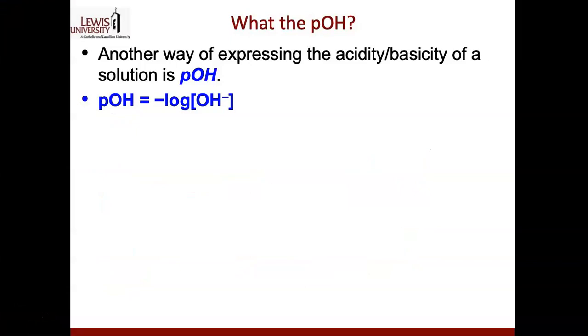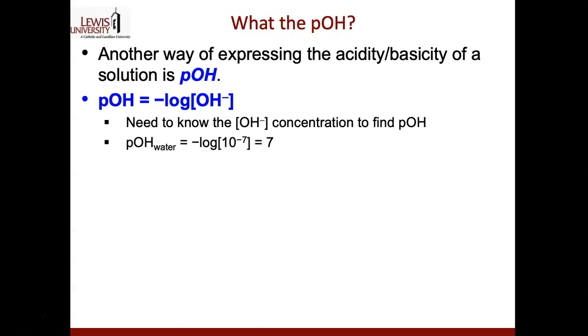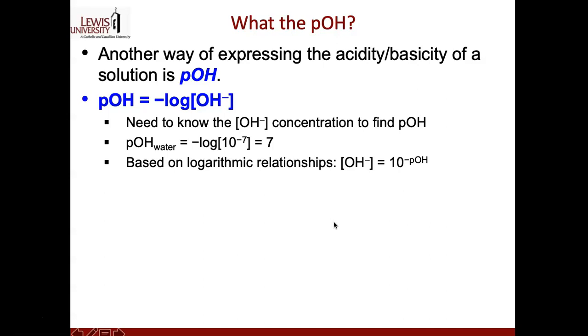All right, so in order to find the concentration of OH, or the pOH of a solution, we need to know the concentration of OH minus. In water autoionization, a neutral solution is going to have equal amounts of hydroxide and H+.